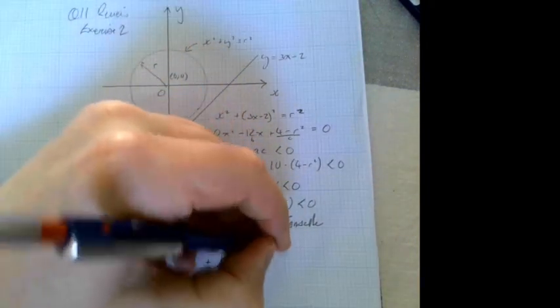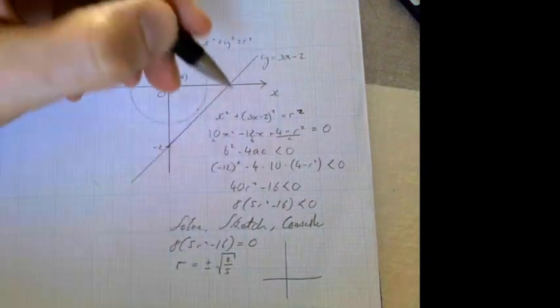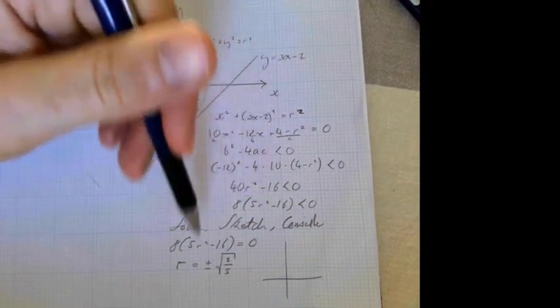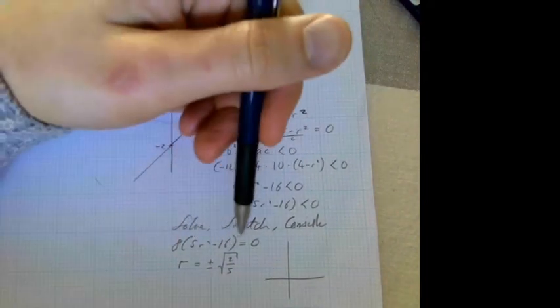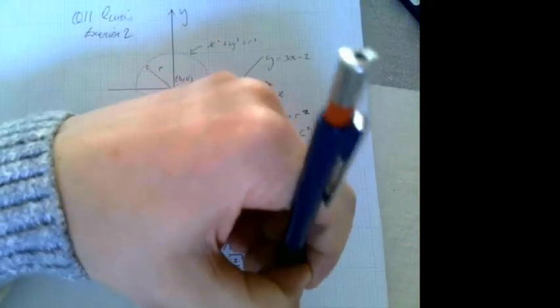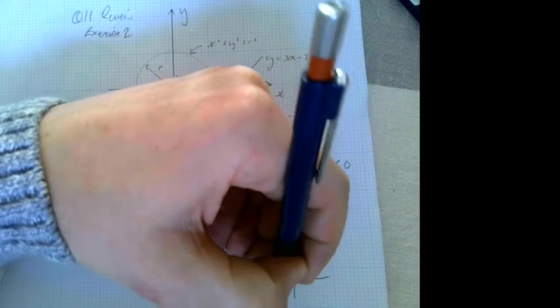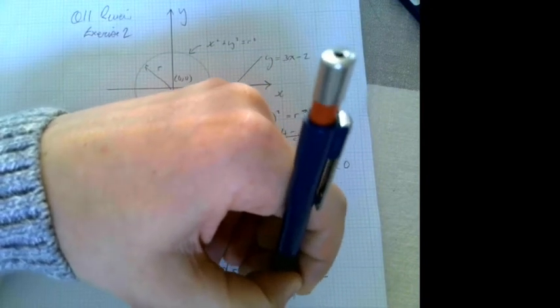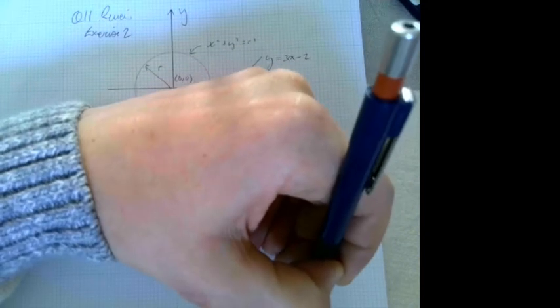And if I sketched that, my second step, a sketch of this quadratic would give me this, with these two roots at negative square root of 2/5 and positive square root of 2/5.